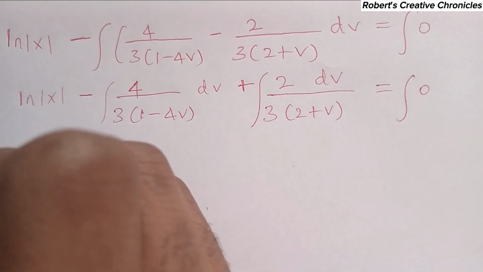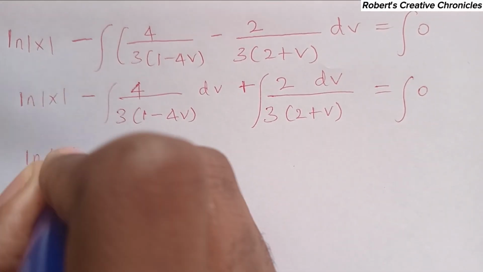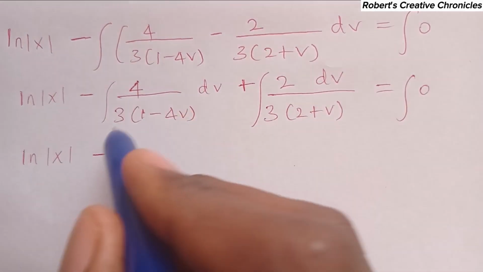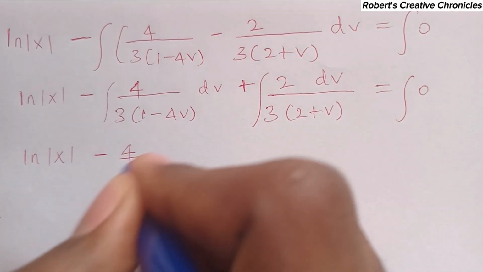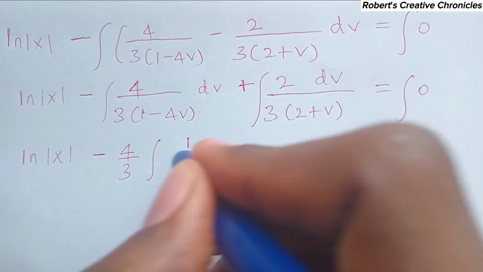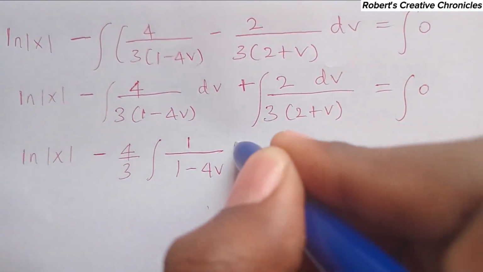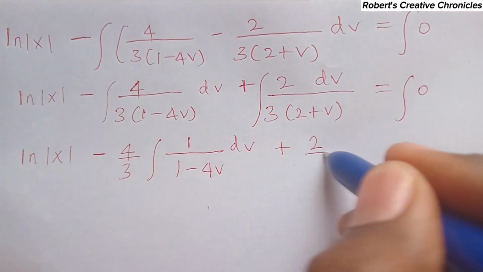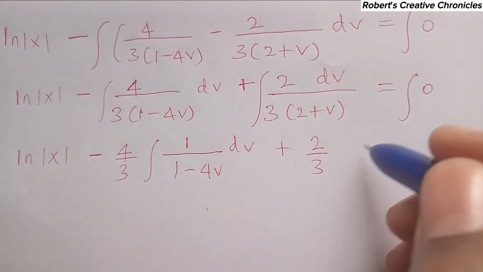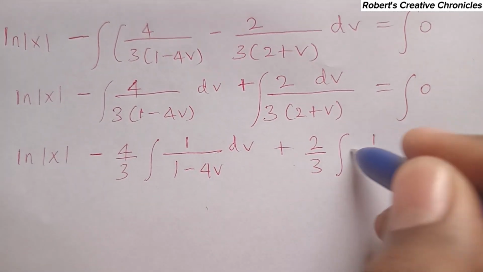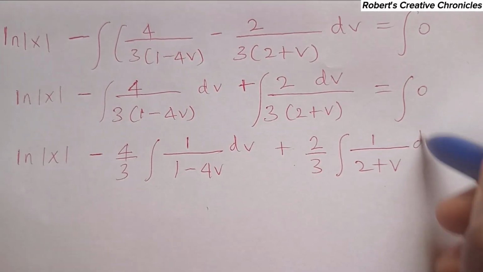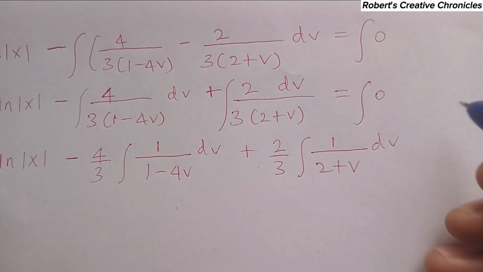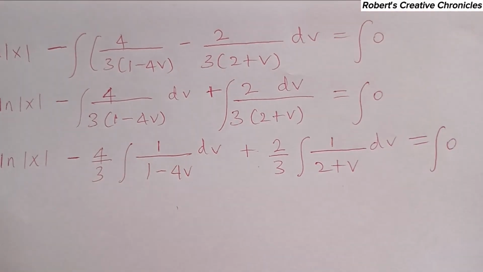So now this becomes ln x, and we'll factor out the constant 4 over 3, integral of 1 over 1 minus 4v dv, plus we factor out 2 over 3, 2 over 3, integral of 1 over 2 plus v dv, equal to the integral of 0.